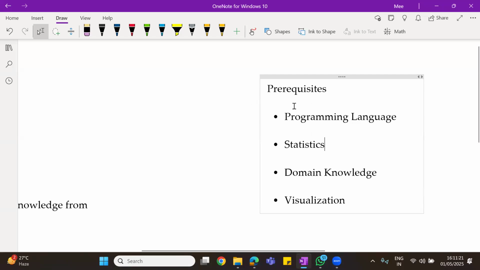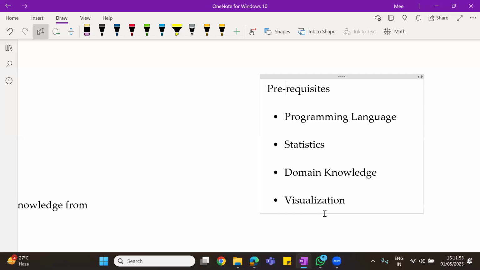But in the case of data science, you require multiple things. Programming is not related to statistics, and statistics is not related to domain knowledge. These three are not related to visualization. So these are all three different sectors. So we can say it as data science.